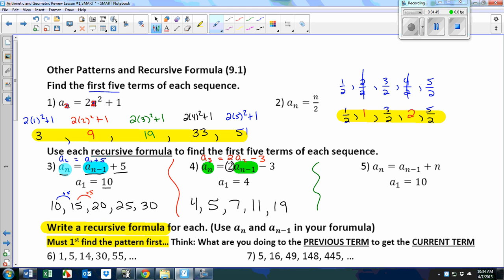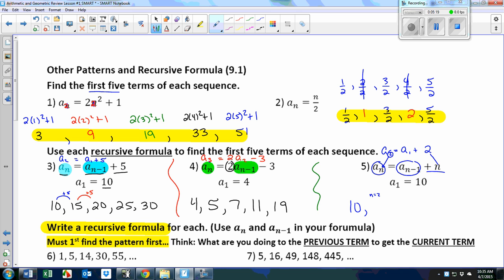Now pause the video here and try number 5, but because it has the n, you may not feel comfortable. The first term is 10, but then it says plus n. So I'm going to put n equals 2 because I'm finding the second term. It will equal the first term plus 2, because when I represent n in the formula, it's a 2.